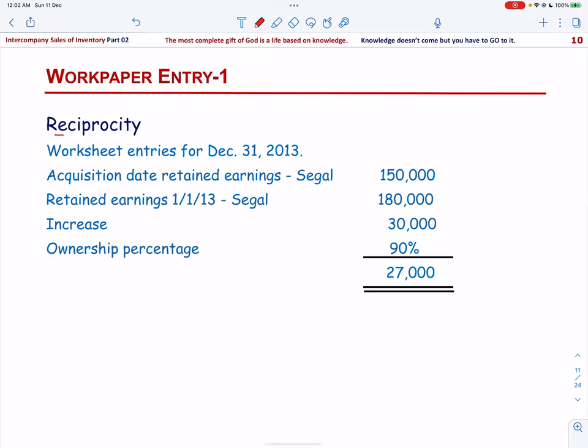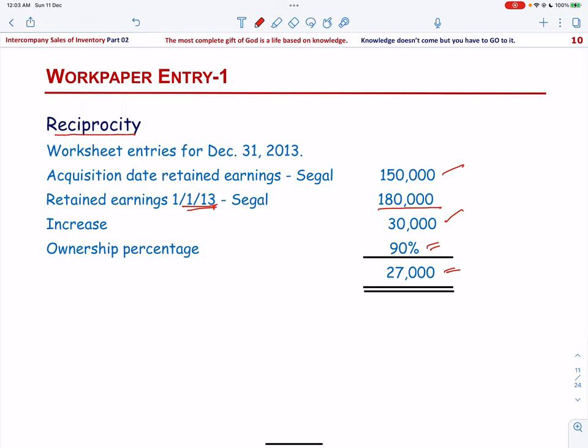First of all, we have seen just now that on the date of acquisition, the retained earning was 150,000. The retained earning on 1st of January 2013 is 180,000. So there is an increase of 30,000, and since the ownership is 90%, that is equal to 27,000.